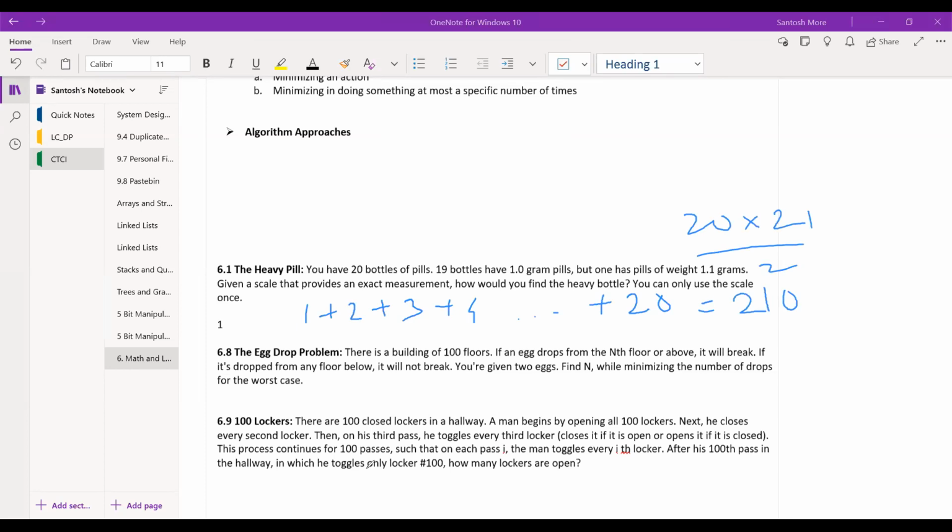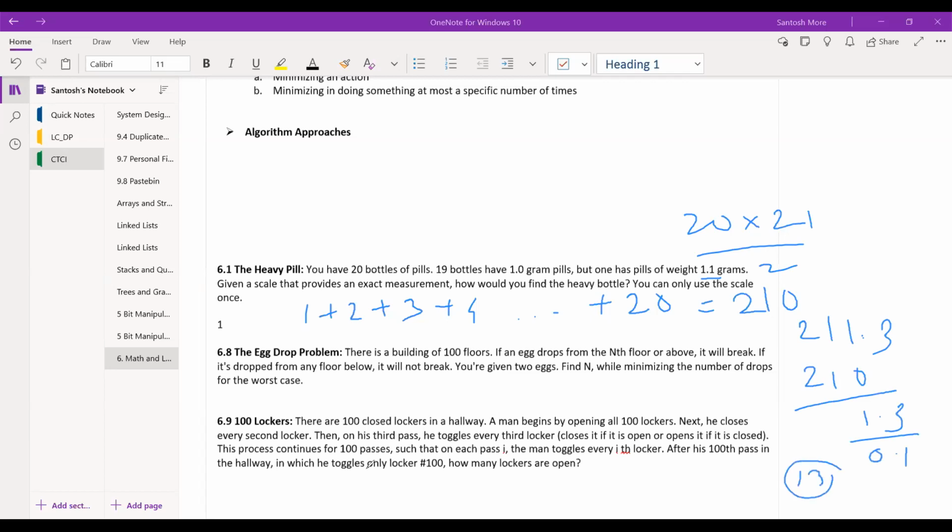But in this case, you know that there is one bottle which has 0.1 gram extra. So if we get a weight of something like 211.3, you subtract 210 from it, so you get 1.3, and then you divide by 0.1 grams. So you get 13.